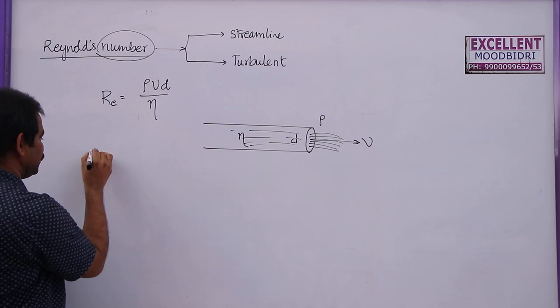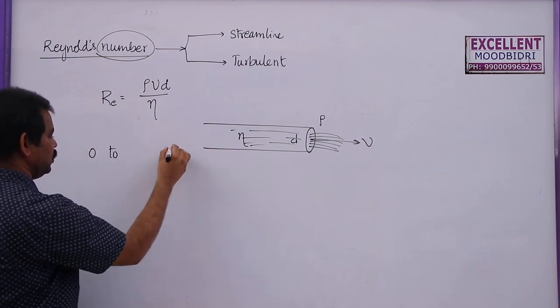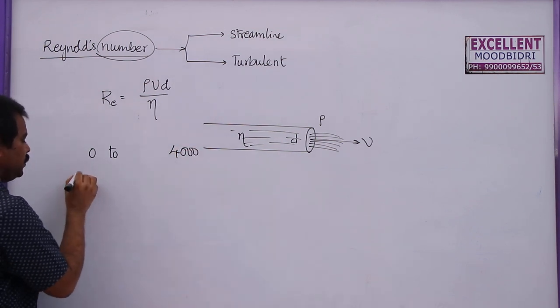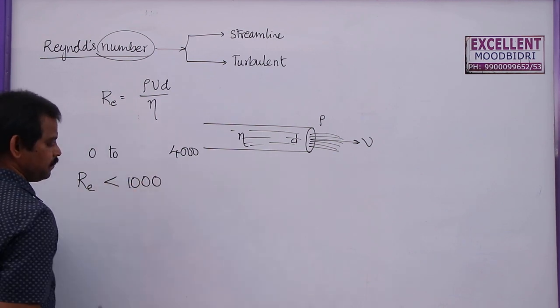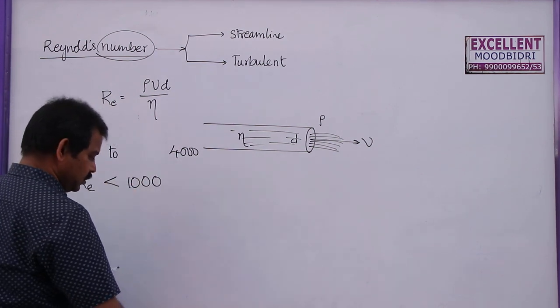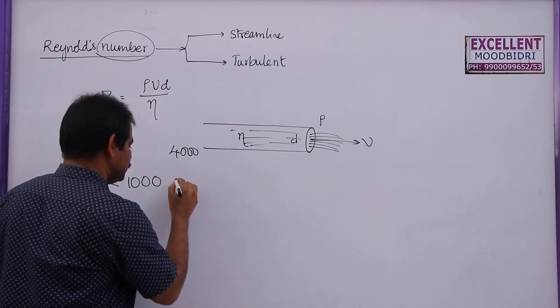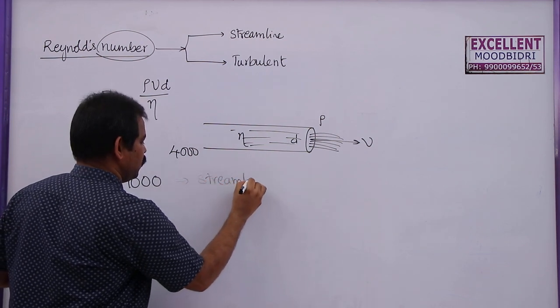So this number generally lies between 0 to around 3000 or 4000. Now it is found that if the Reynolds number is less than 1000, this fluid is having streamline flow. So this is a streamline flow.